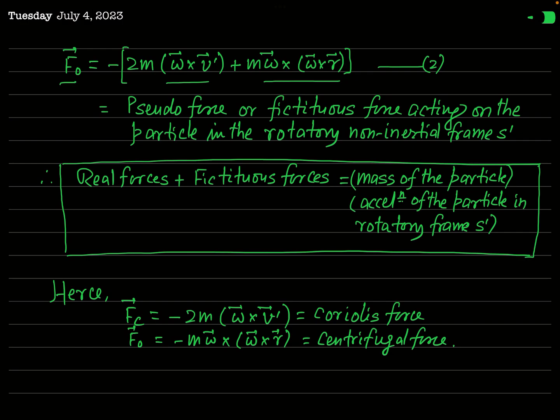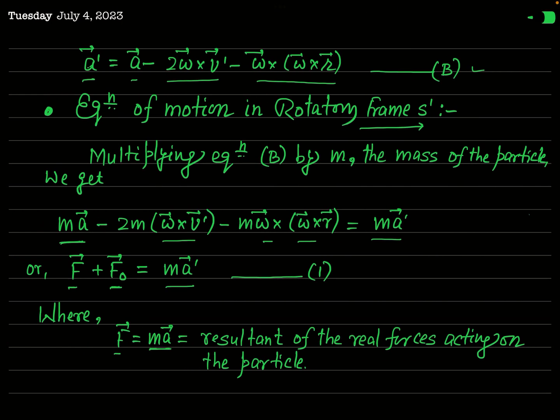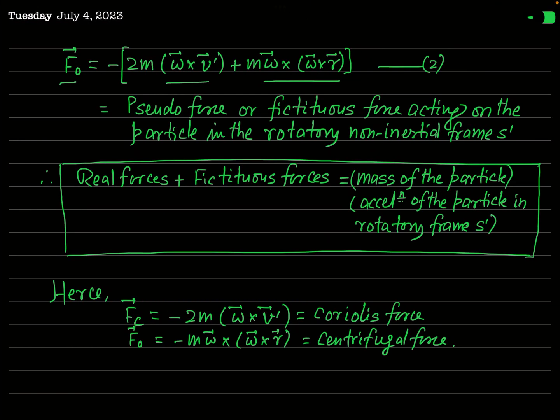And so this equation which I have written here in equation number 1 reads as real forces, this is for ma, plus fictitious forces, which represents this F naught, that is equal to ma prime. But you know m is the mass of the particle and a prime is the acceleration of the particle in the rotatory frame S prime.